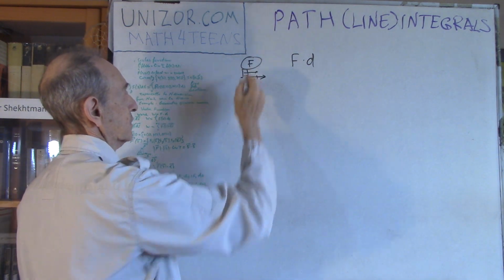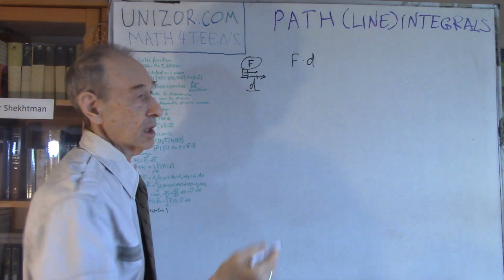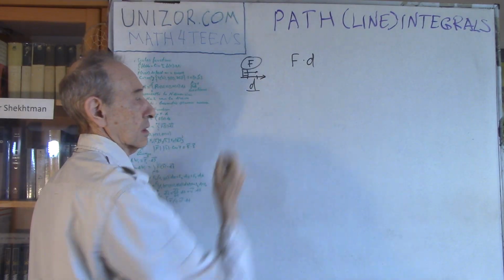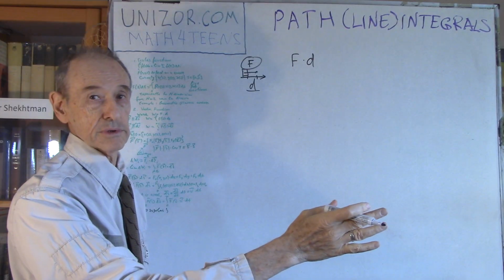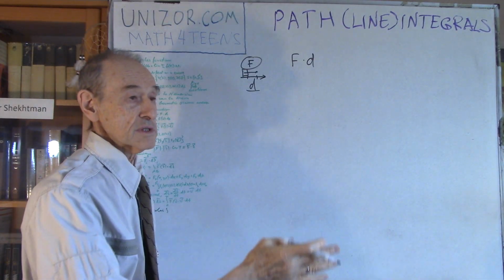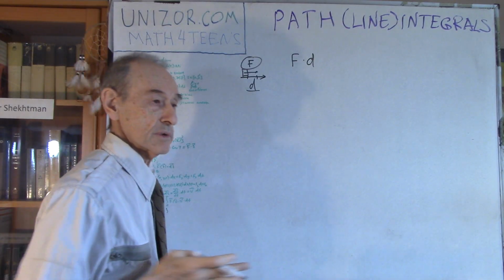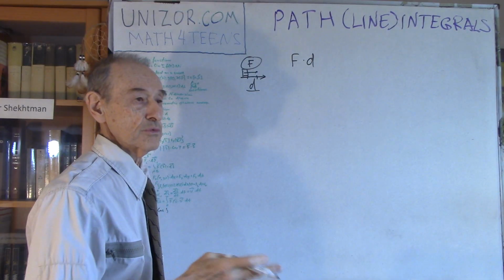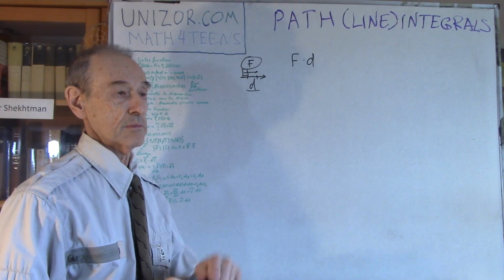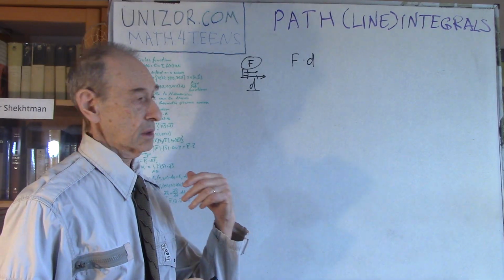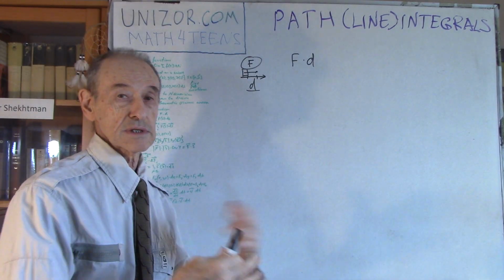Now, this is a simple thing. Now, what if f is variable? So it's still directed along the path. Let's say it's a car engine. Car goes straight, but the road is different, and therefore the engine has to exert different forces to move. There is more resistance, less resistance, whatever it is.